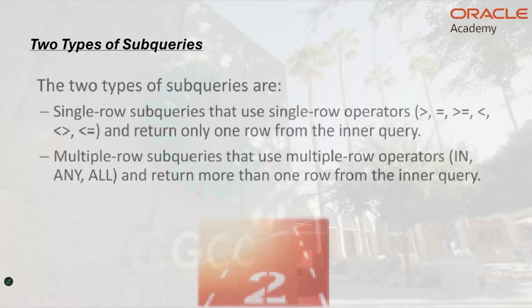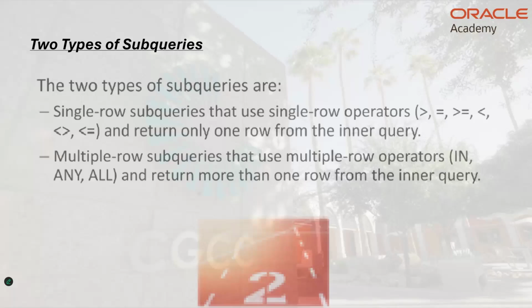All right, so there are 2 types. There's a single row subquery, and that uses a single row operator, greater than, equal to, etc., and returns only one row from the inner query. Now, hopefully that makes sense. And you'll see what I mean very soon about the inner and the outer, how those are placed.